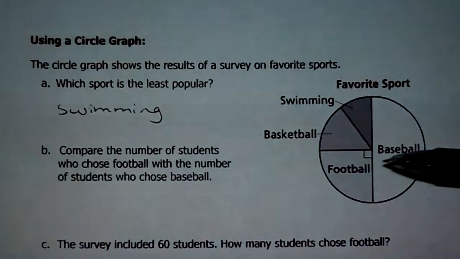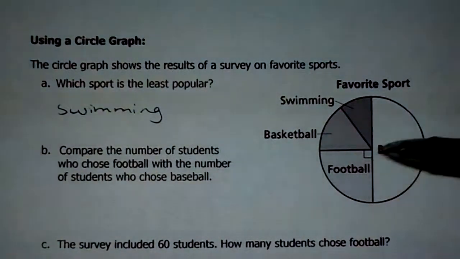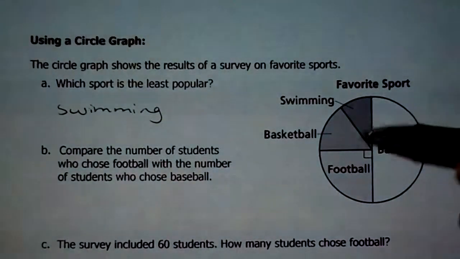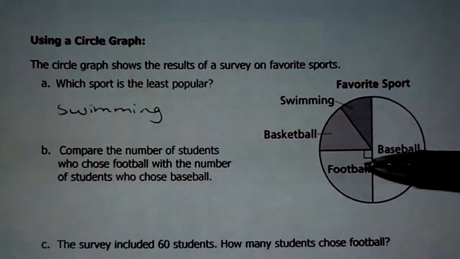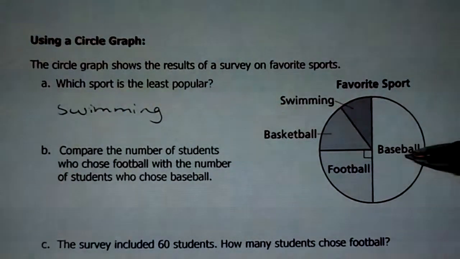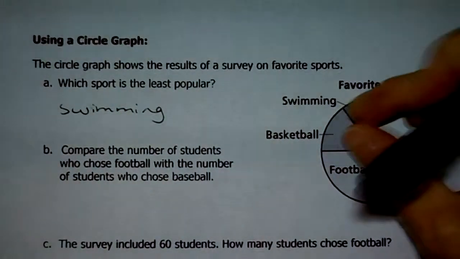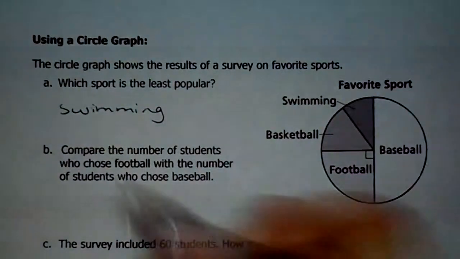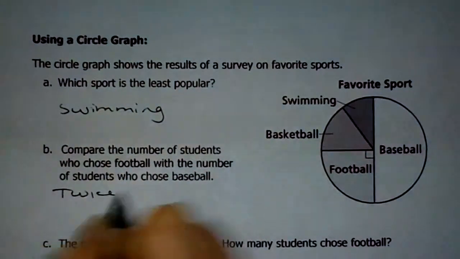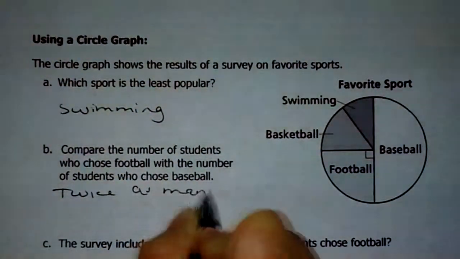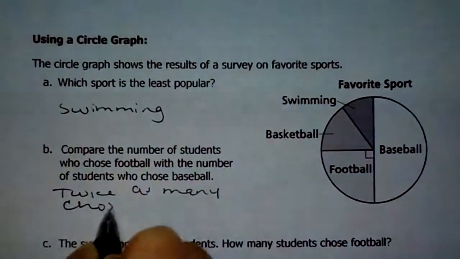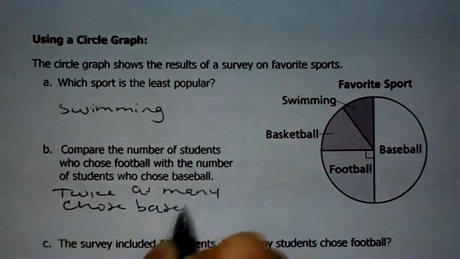We know that if we're comparing baseball and football, twice as many people chose baseball, or half of the people chose football. I'm just going to say twice as many chose baseball. It would take 2 footballs to fill up the baseball, right? So twice as many chose baseball.